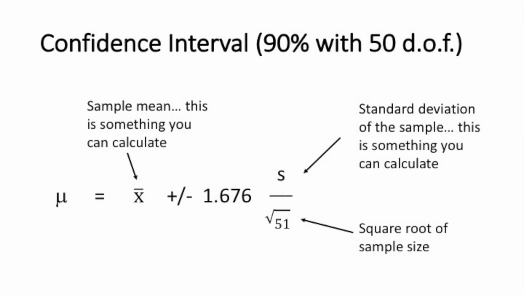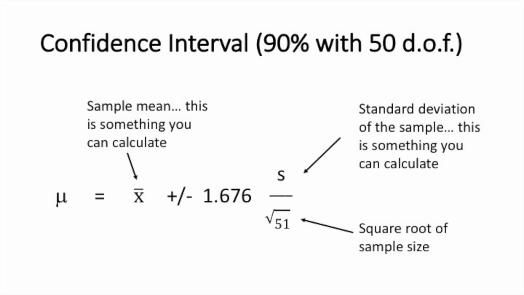You multiply that by the standard error of the sampling distribution, which is the standard deviation of the sample divided by the square root of the sample size, which is the square root of 51. This is something you can calculate in Microsoft Excel or other statistical software. In a different video, we'll do some calculations to find sample means and standard deviations and complete the confidence interval.